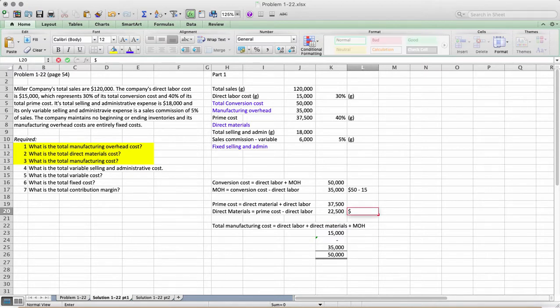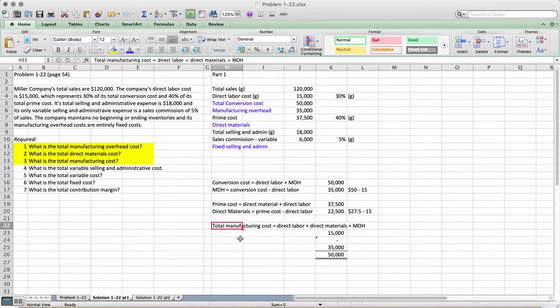So I'll write it on the side for you, 37.5, and these are all in thousands, minus 15. So that's the answer to number 2. Direct materials is 22,500. The last part is what is total manufacturing cost.